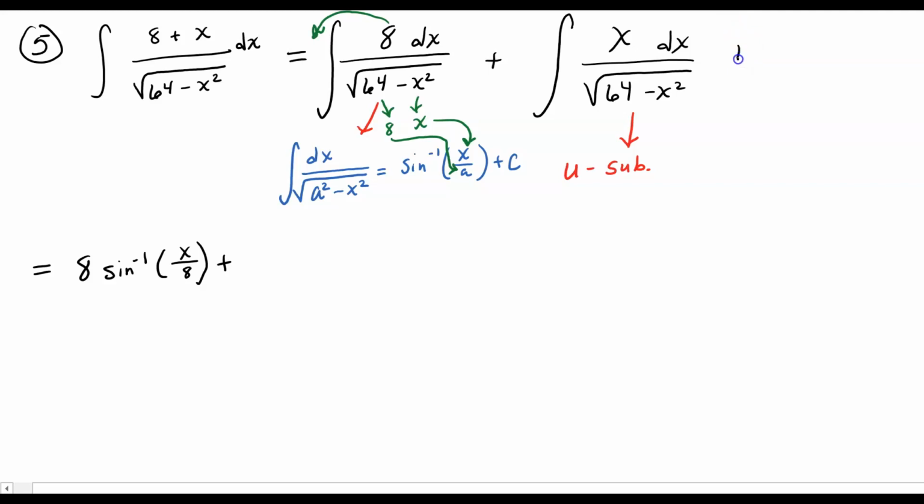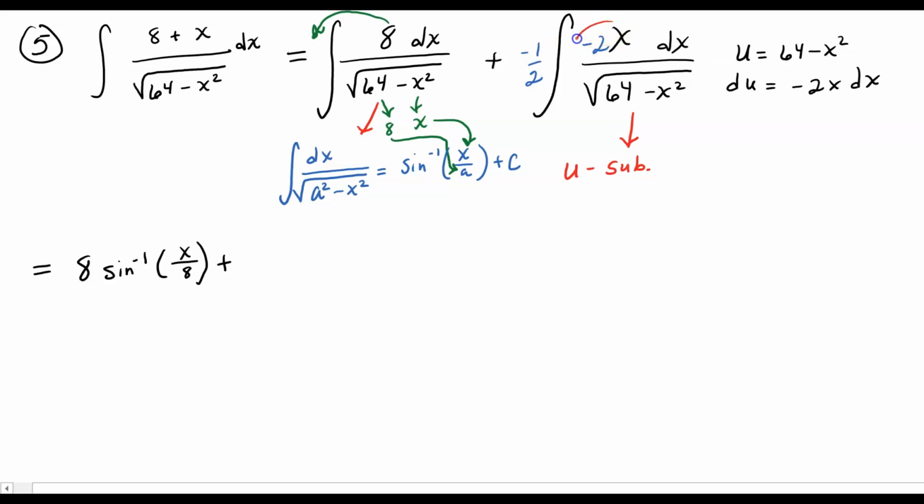So we're going to say u equals 64 minus x squared, and du will equal a negative 2x dx. So I just need to write in a negative 2 here and a negative 1/2 on the outside. Now that I've done that, I'm ready to do my u sub.